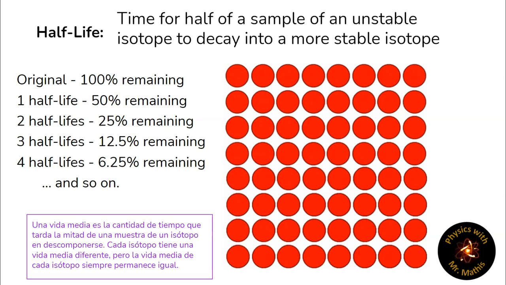In the third half-life, we divide the 25% in half, and we have 12.5% of the unstable isotope remaining. And in the fourth half-life, 12.5% is divided in half, and we have only 6.25% of the unstable isotope remaining. And we could go on and on. And eventually, all of the unstable isotope will have decayed into a more stable isotope.